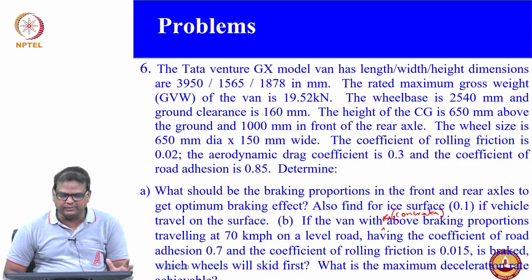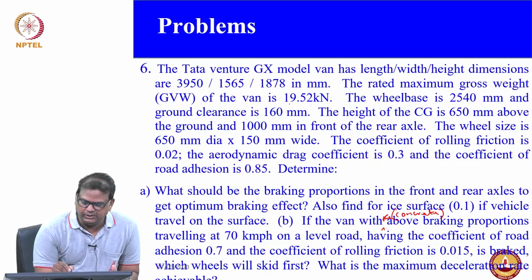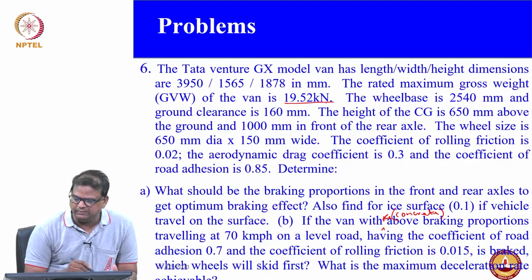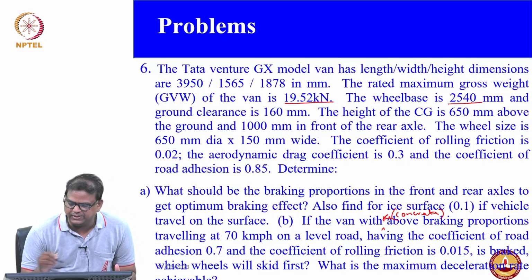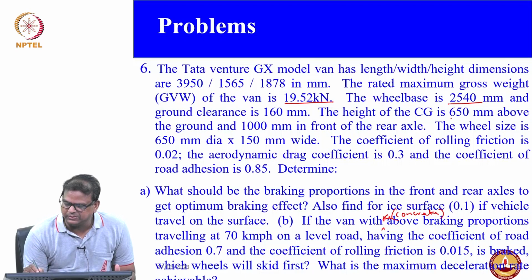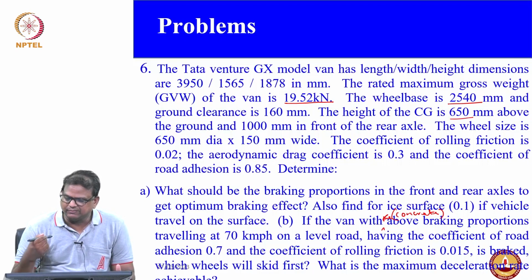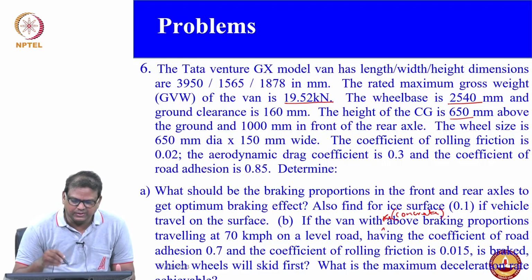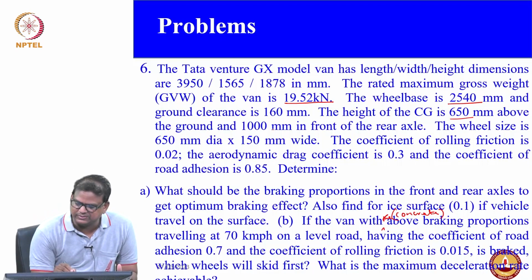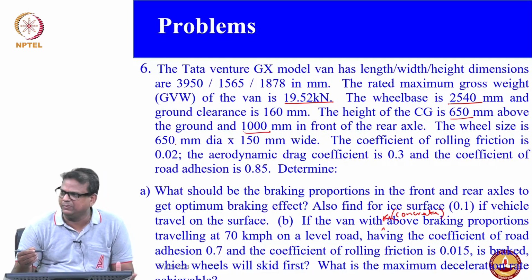You could see what data we need. We need to know the weight of the vehicle. This is your wheelbase, and this is your H, the height of the center of gravity from the ground level. And what does 1000 mm in front of the rear axle mean? Is it L1 or L2?